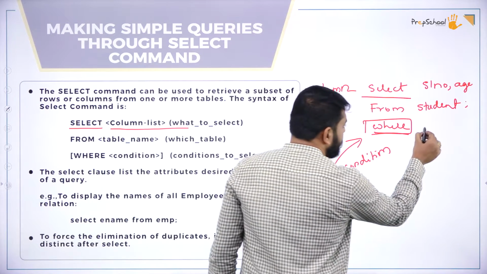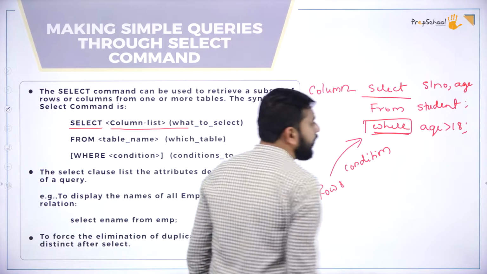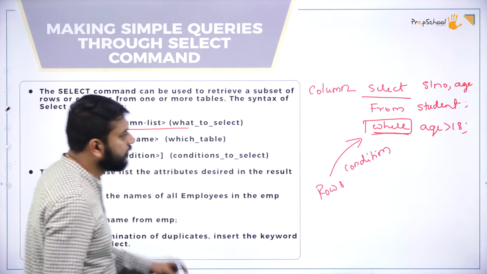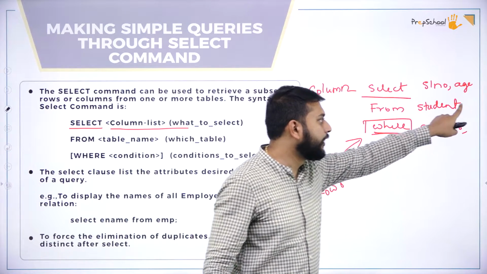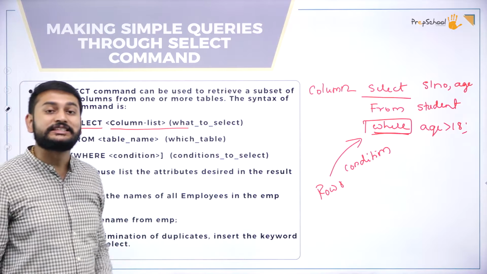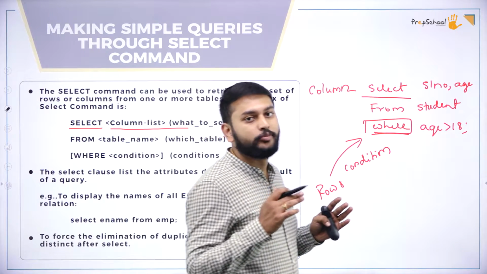So here I will be writing where age is greater than 18. This is the condition that you have to remember, and I have given the semicolon here. I'll just remove it. So this will be your query. This is how you will use this select query to select the data from the table.